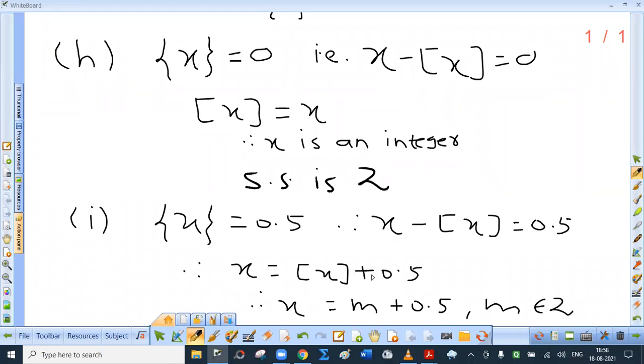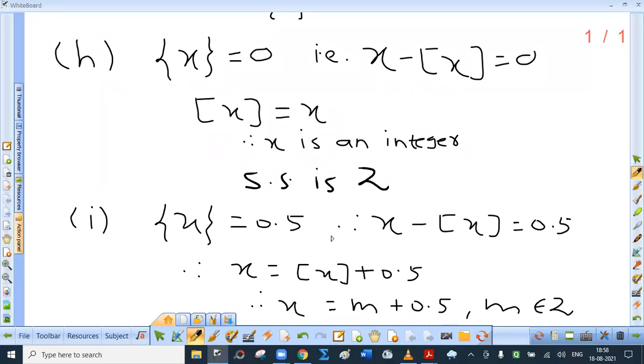What is minus 3 plus 0.5? Minus 2.5. Now what is fractional part of minus 2.5? Don't say minus 0.5. Use the definition. It is minus 2.5 plus 3, that is 0.5. Okay. So fractional part is 0.5, means x is some integer plus 0.5.